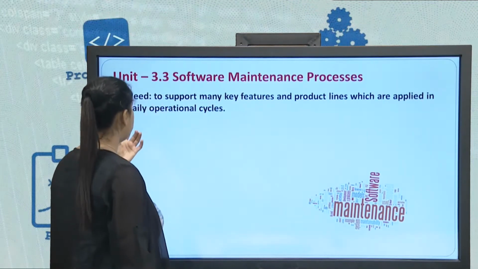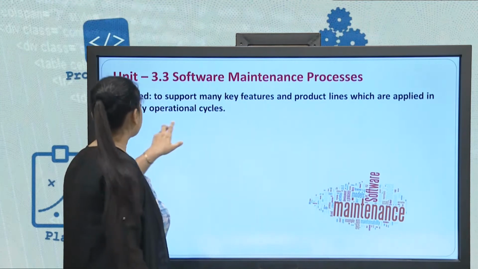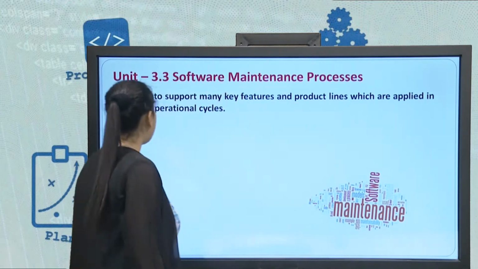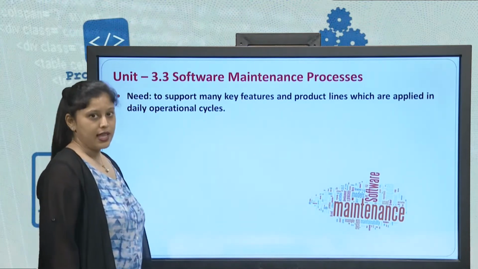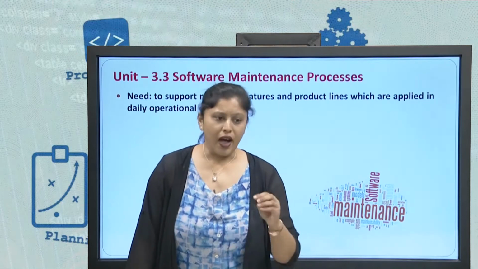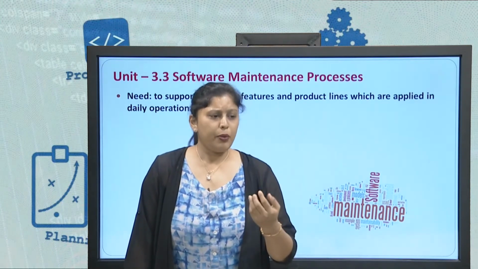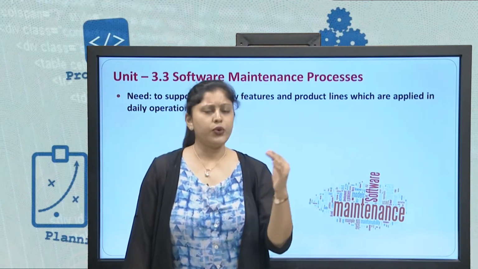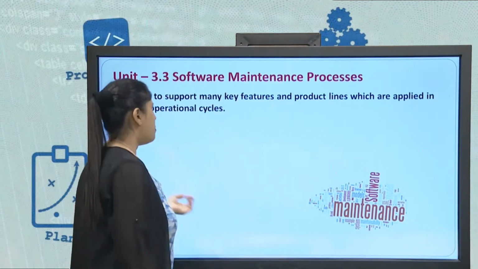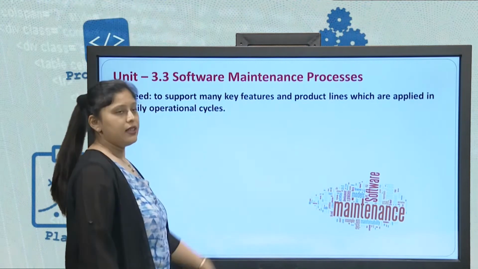Let us see the need. Why do we need this? To support many key features and product lines which are applied in daily operational cycles. Whenever I am using my software, if I do not maintain it daily, probably a time will come that my software will not be efficient enough to work. So the basic need is to support many key features.